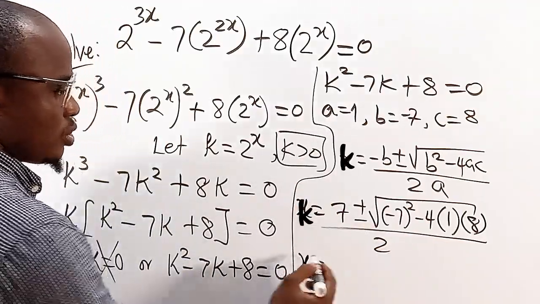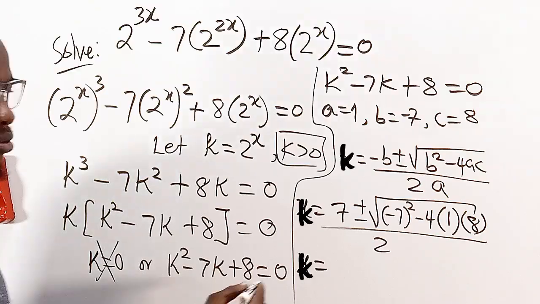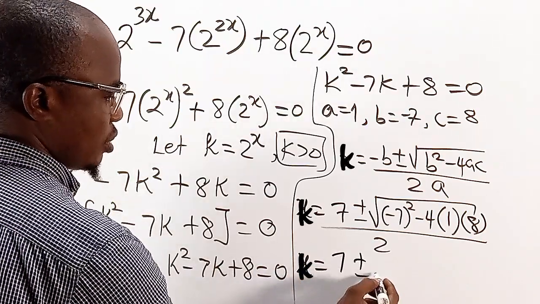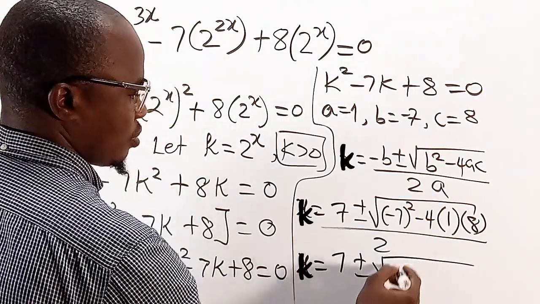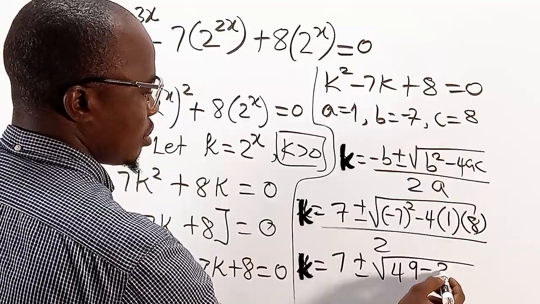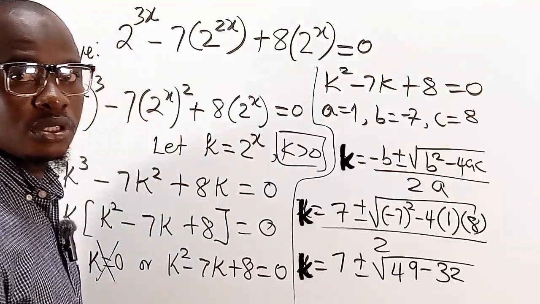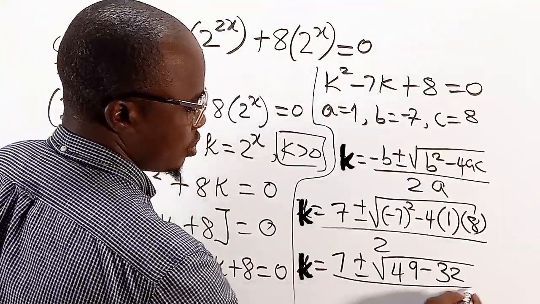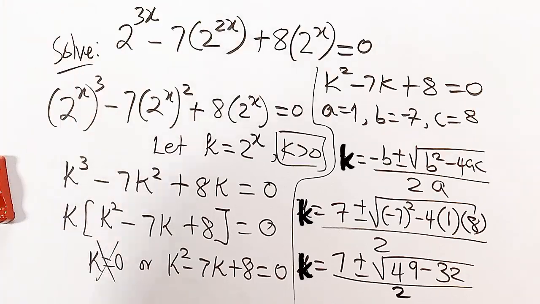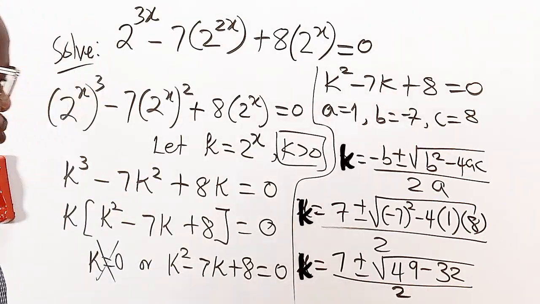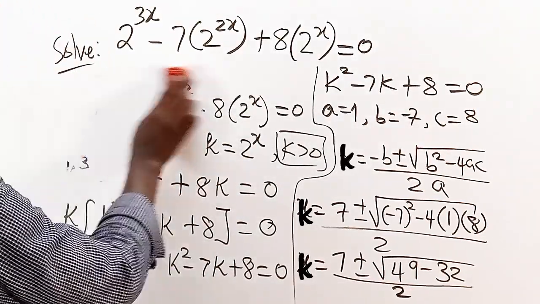So we have x equal to 7 plus or minus the square root of 49 take away 32, all over 2. 49 take away 32, we have 17.